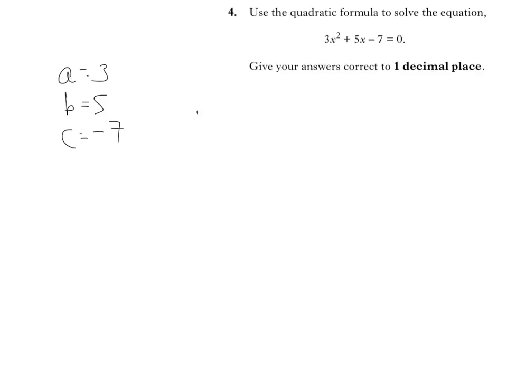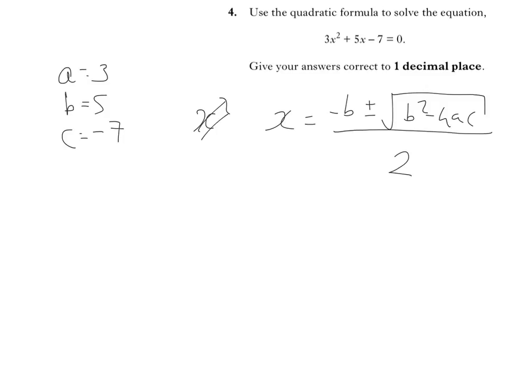Remember, you can go to the formula sheet for the quadratic formula, and that's minus b plus or minus the square root of b squared minus 4ac all over 2a. So b is 5, minus b will be minus 5, so it's minus 5 plus or minus the square root of b squared minus 4ac.